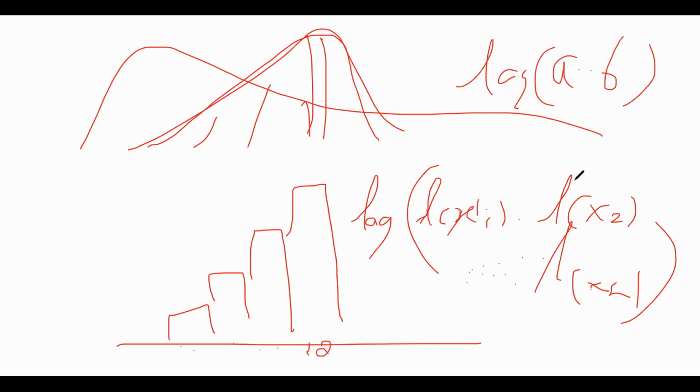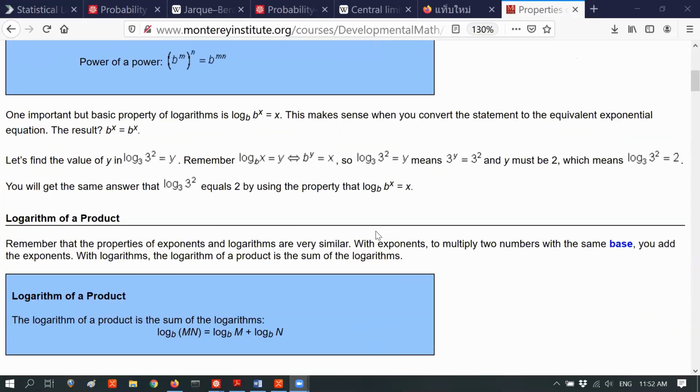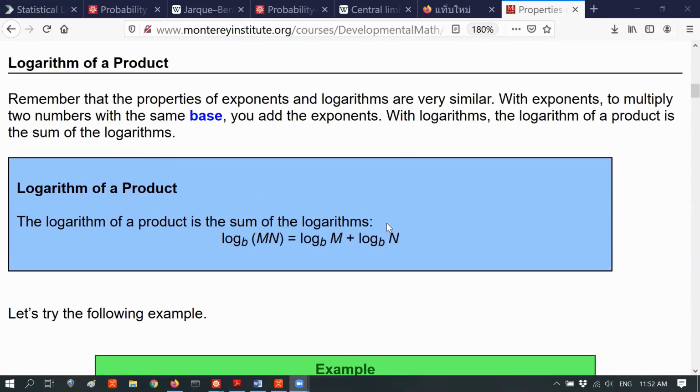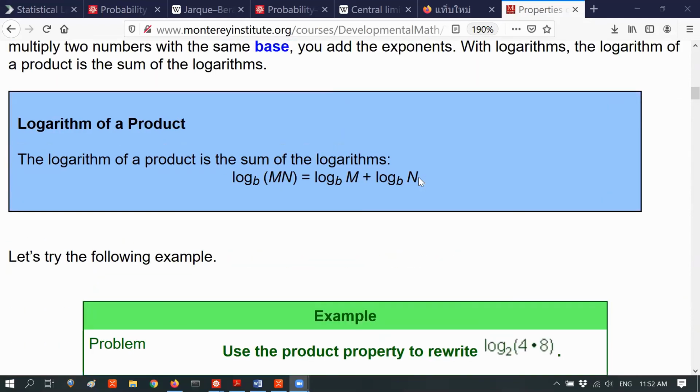Log of product equals to... come on, you must have seen the whole page like this. Who hasn't seen this? Report yourself to the registrar.